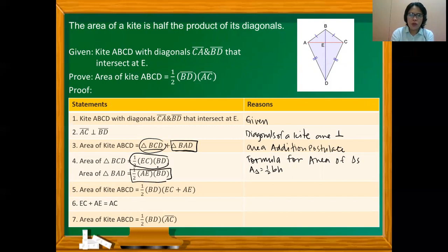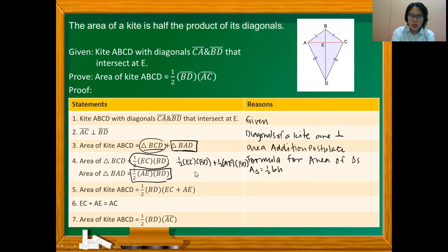So we can combine the two, like 1/2 EC times BD plus 1/2 AE times BD.